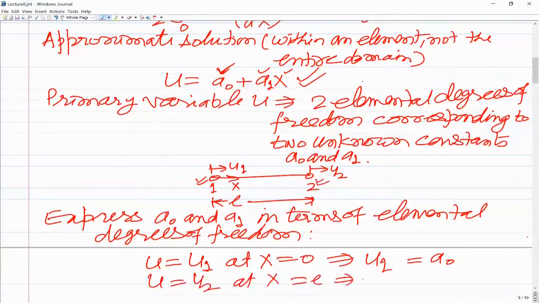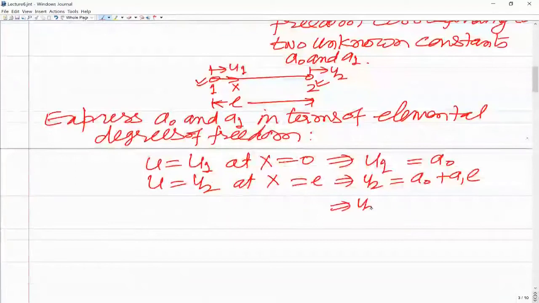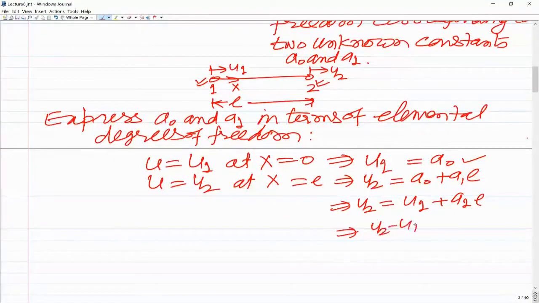So that will give you u2 is equal to, on the right hand side in this expression, a0 plus a1 into small l. So now if you solve this equation, you have u2 is equal to a naught, which is already u1 from here, plus a1 into L. So you will be able to write this as u2 minus u1 upon L is equal to a1.